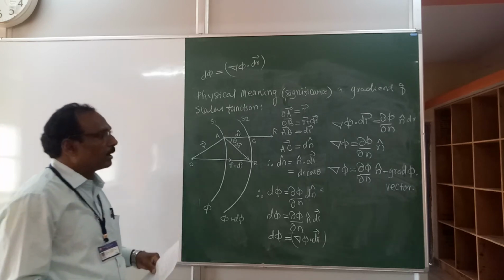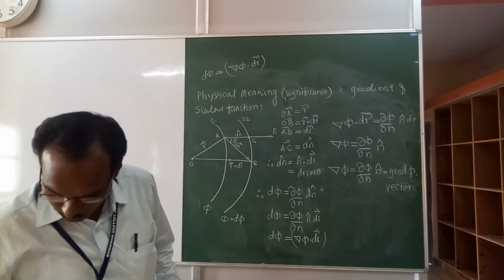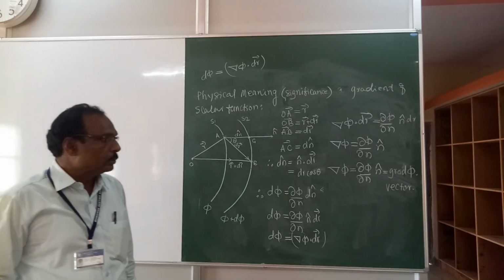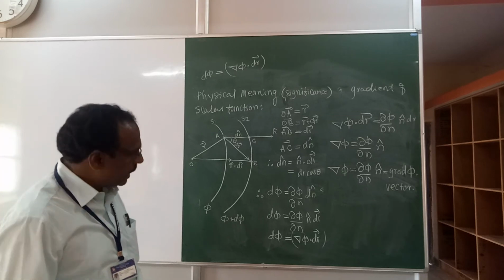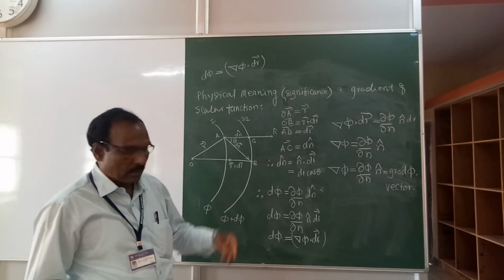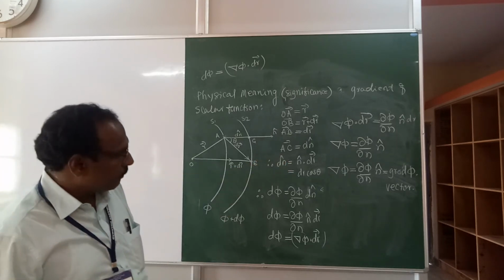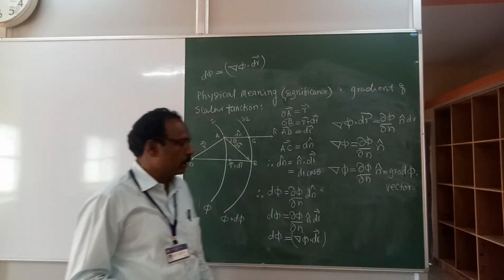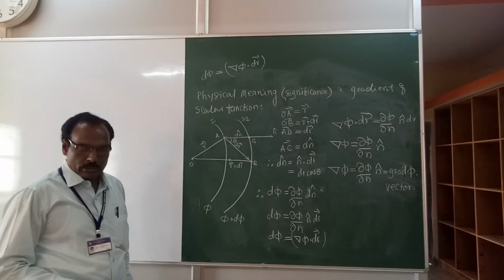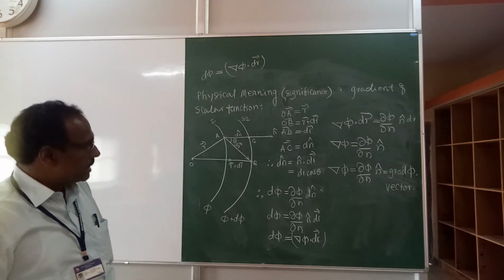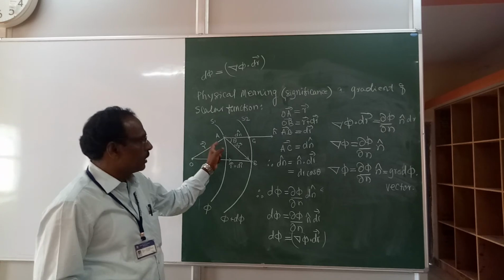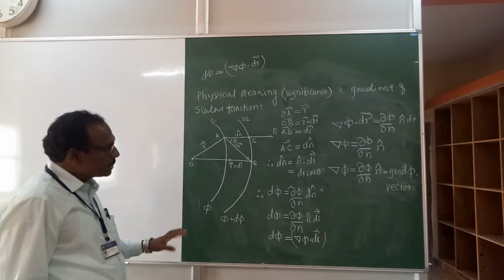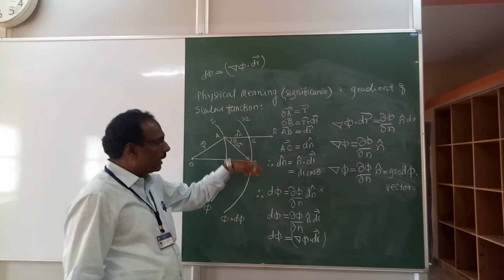Gradient of a scalar function is a vector whose magnitude is equal to the maximum rate of change of a scalar function, and its direction is perpendicular to the level surface, its direction normal to the level surface.